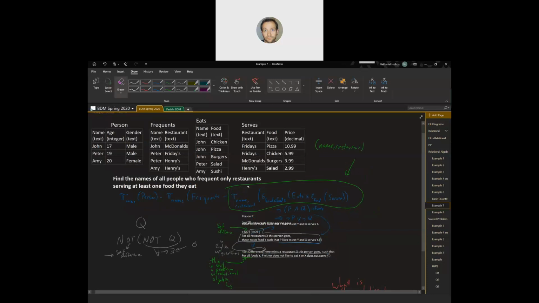It's a name restaurant pair such that, which I'm writing just s.t., the restaurant serves at least one food the person likes to eat. Okay.